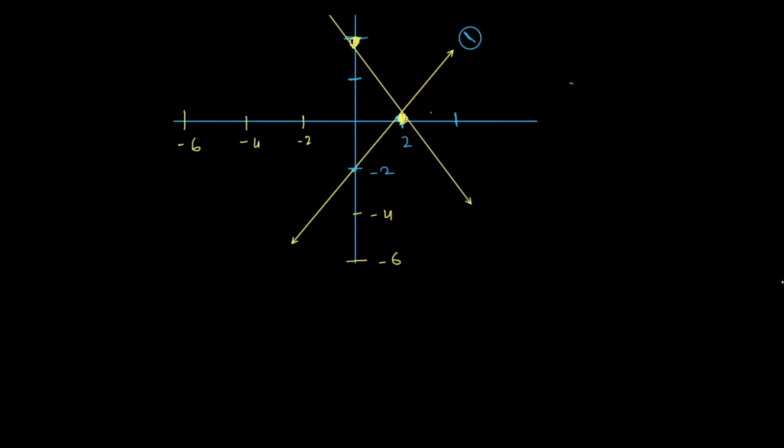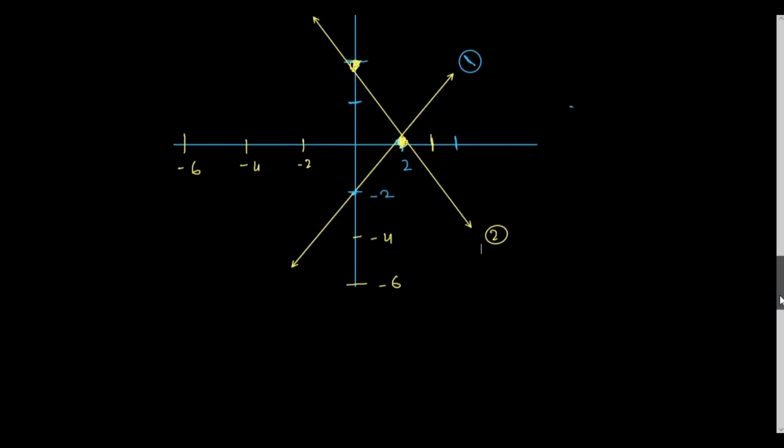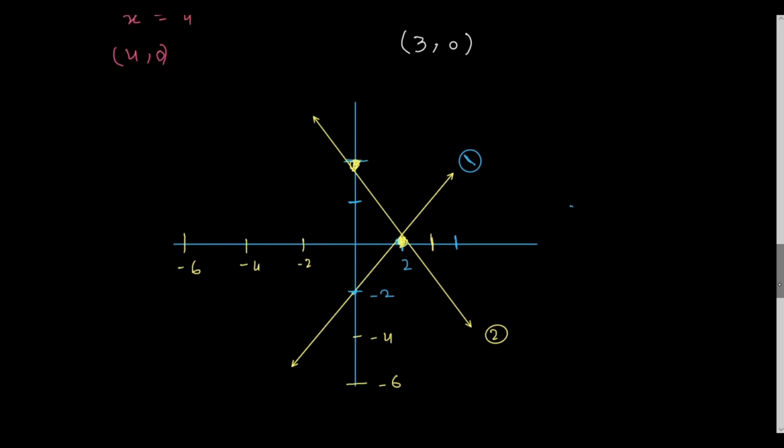Remember that this is our second line, so our third line will pass through these 2 points. Let me draw the third line through these 2 points.